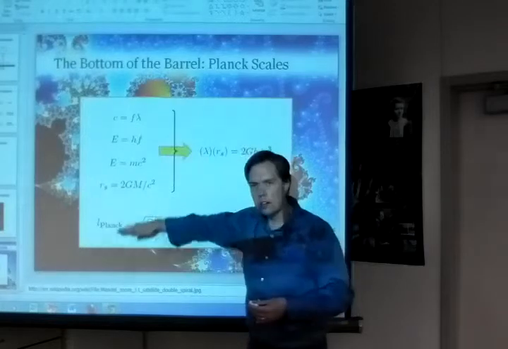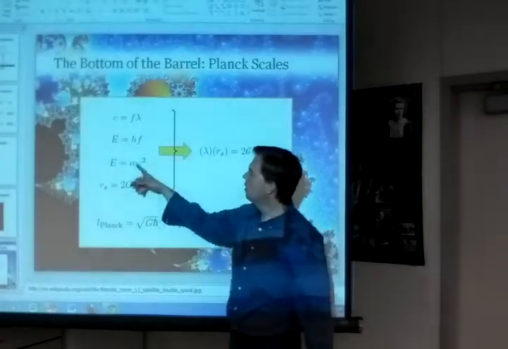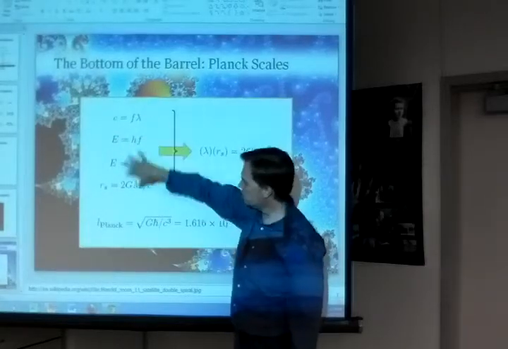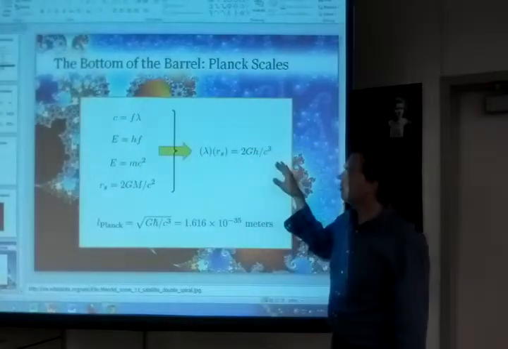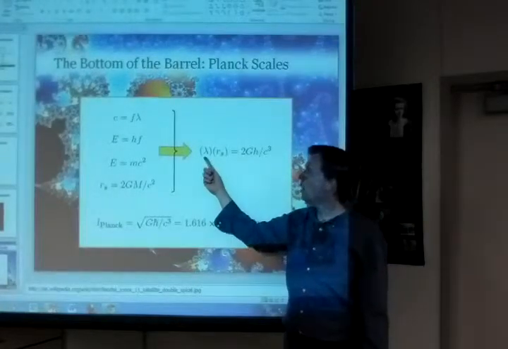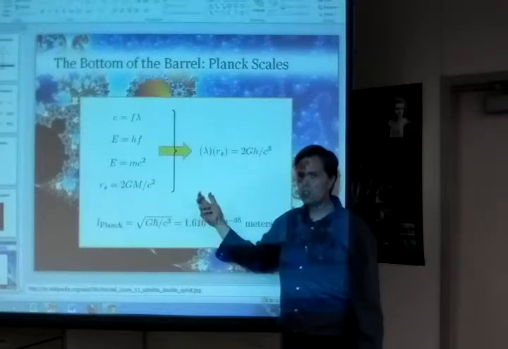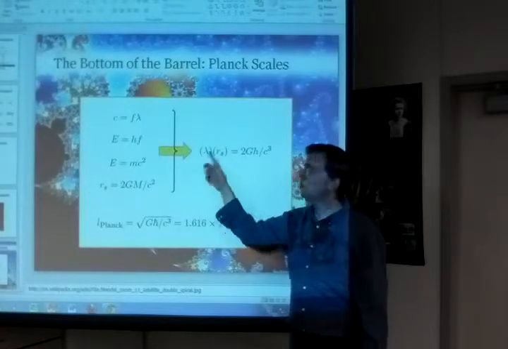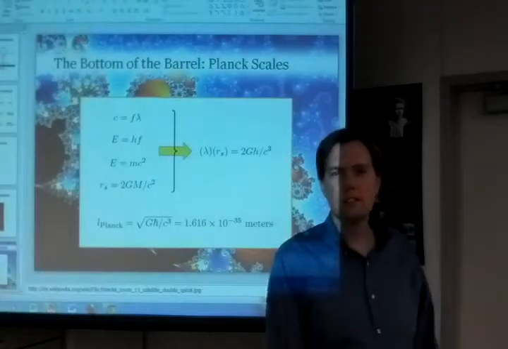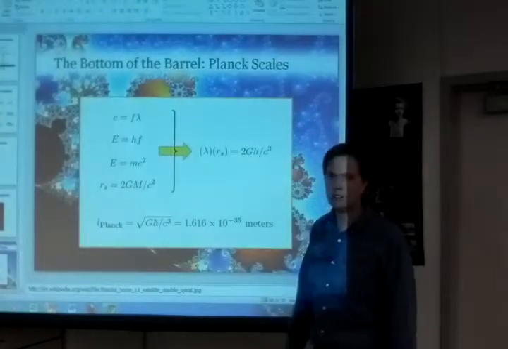Now, if you combine all these equations together, just substitute in this mc squared over here, juggle, you can derive this equation here, which tells us that the product of this wavelength, which is associated with the particle, multiplied by the Schwarzschild radius, is given by this formula here.